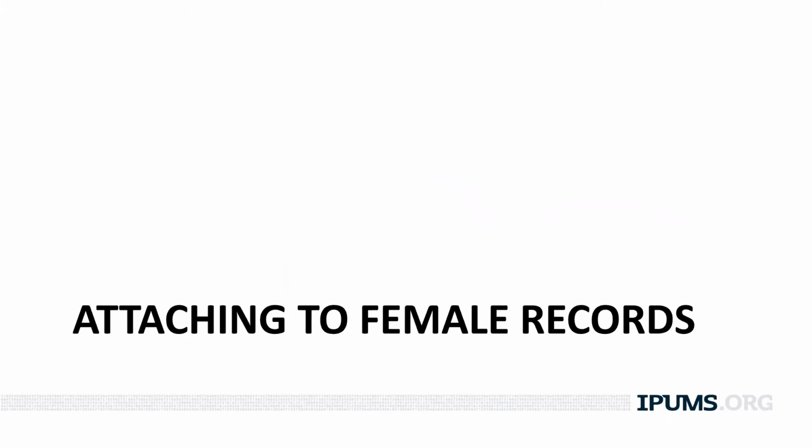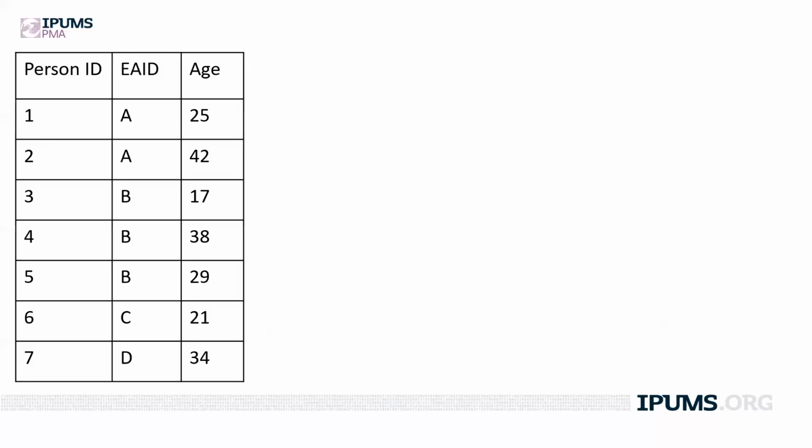And then the second step, after we've collapsed the service delivery point data down to the EA level, is to attach it to female records. So let's say also in this hypothetical data example, we have 7 women in the female sample, and we know their age, and we also know the EA where she lives.